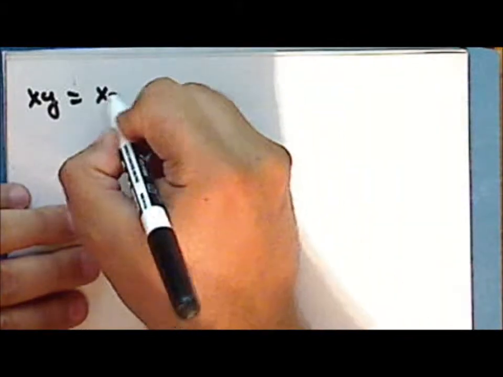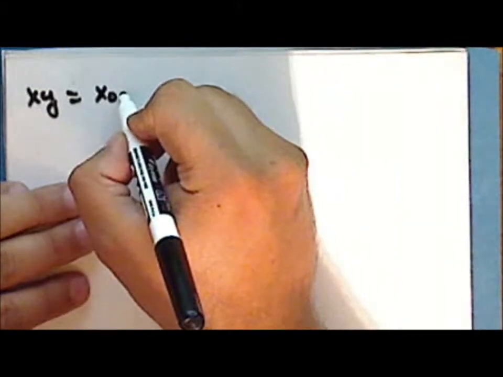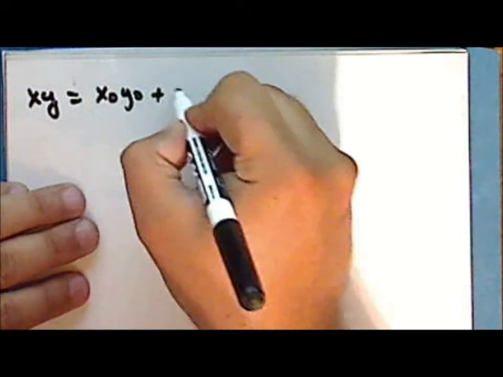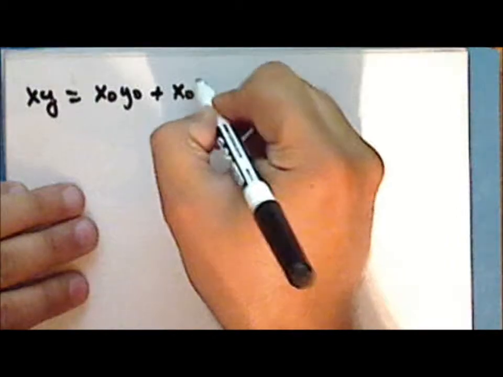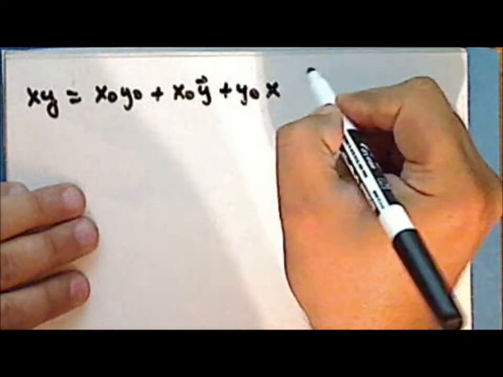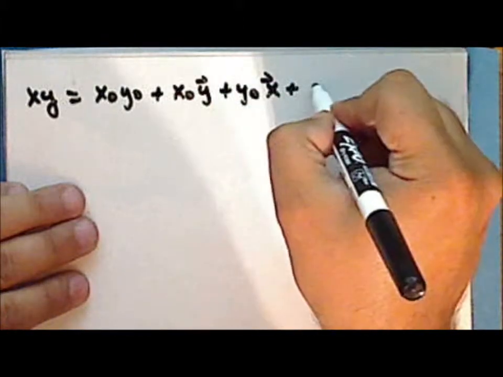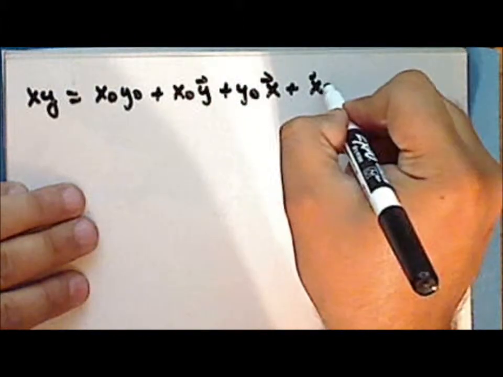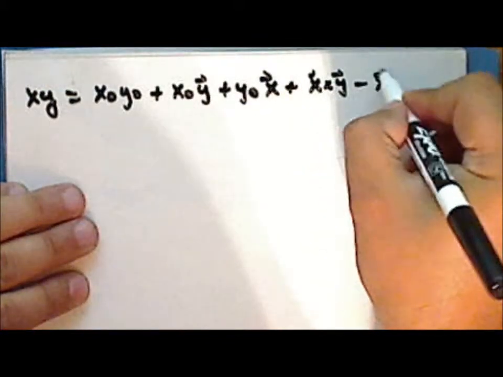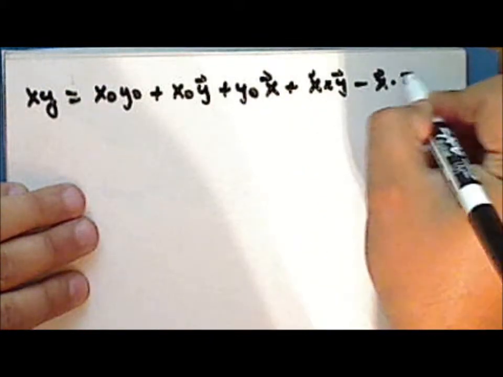Now, the normal product of quaternions, x times y, is the sum x sub naught times y sub naught plus x sub naught times the three-dimensional vector y plus y sub naught times the three-dimensional vector x plus the cross product of x and y minus the dot product of the three-dimensional vectors x and y.